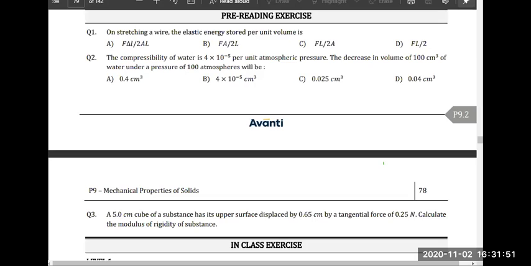A, yes, half into stress into strain. Very good.